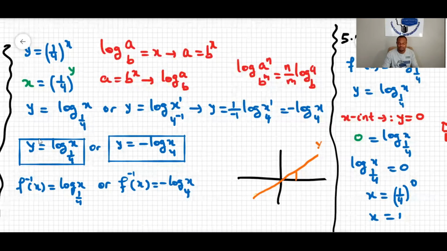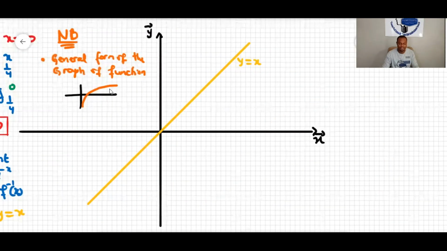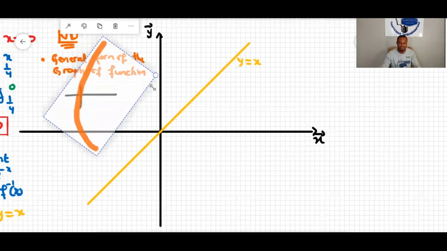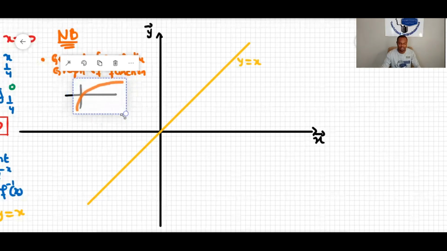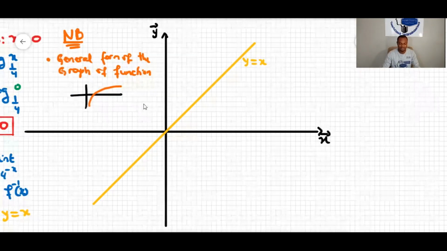So this is the same function as this one, but reflected on the x-axis. So this function won't look this way, but it will look the other way. It will be reflected. So as it was like this, let's make it like that. Now it will be reflected on the x-axis.